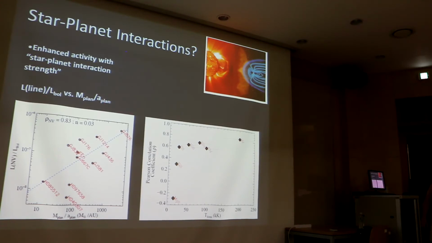That's based on the mass of the planet and how close it is, so the likelihood that the magnetic field of the planet and the magnetic field of the star could actually interact with each other. For something like nitrogen-5, as you have higher activity indices, we may actually have more evidence for activity. So if some of these planets have a magnetic field, we may actually be seeing interactions between that planet and the star. This is an activity indicator that Evgeny Skolnick, who works in this field, developed.